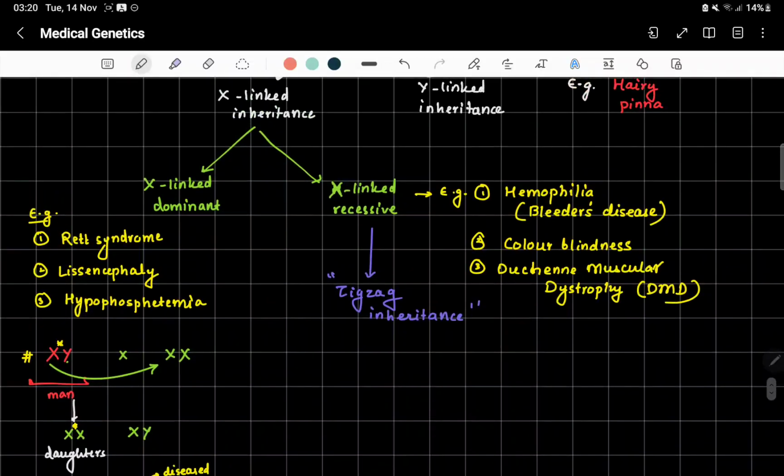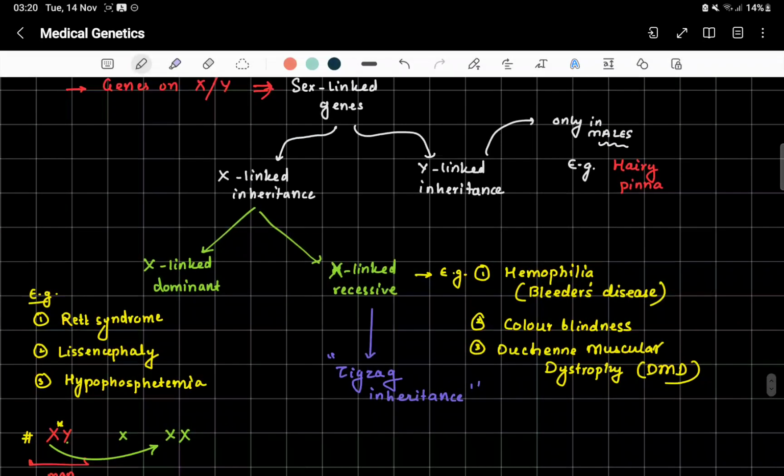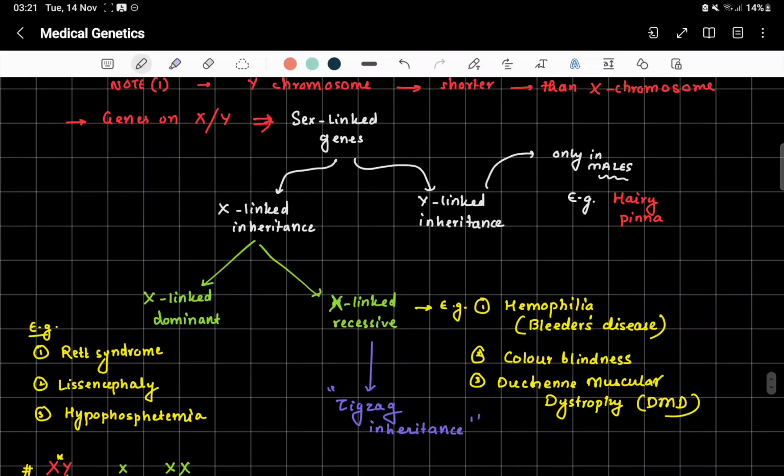I'm just teaching very superficially the introduction of medical genetics, which will be helpful for your prof and to some extent your PG.